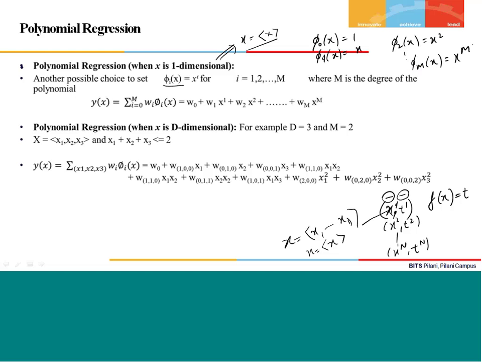I can take m basis functions: the first basis function phi 0 of x will be 1, phi 1 of x will be x, phi 2 of x will be x square, and likewise phi m of x will be x to the power m. To design a polynomial of order m in a univariate case, I just take the power i of x.